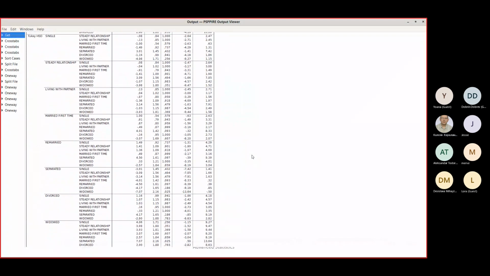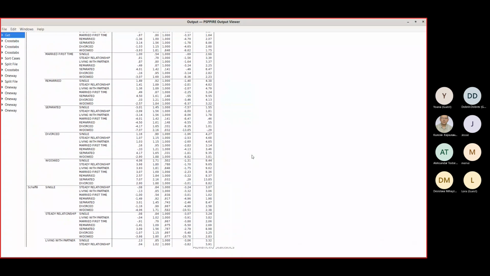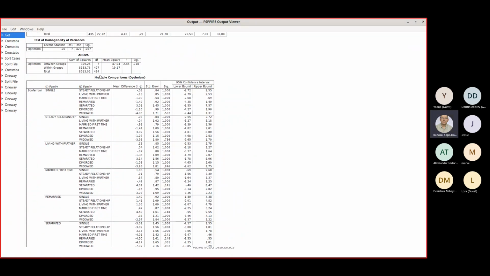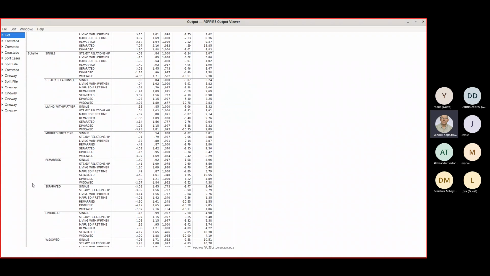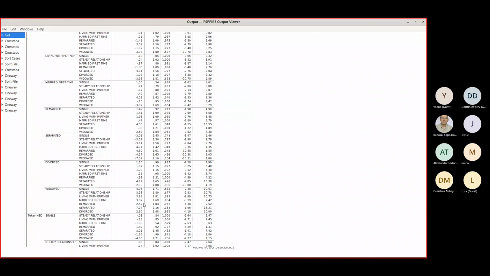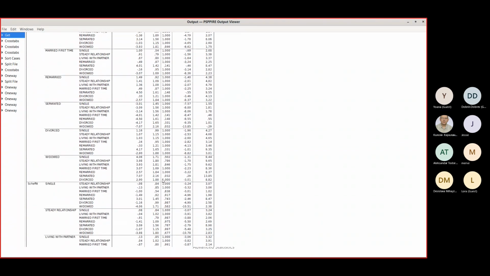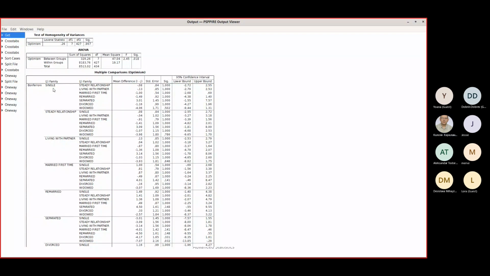So here we have a table with multiple comparisons for the three different methods. First Bonferroni, after that Scheffe, and after that Tukey. And here we have pairs. First, we compare single and steady relationship.